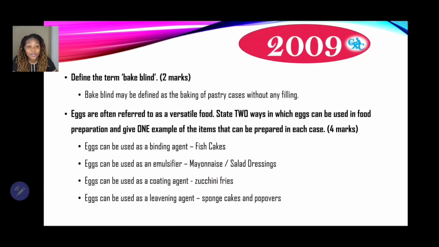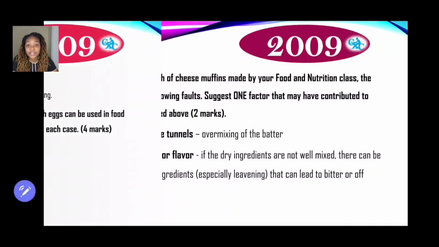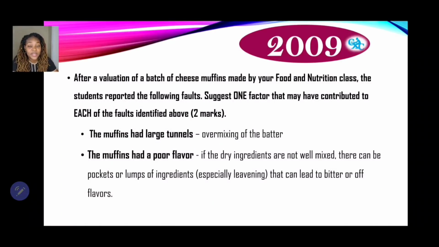And when we speak of leavening agent, we may say the raising agent, right? So for example, it may be sponge cakes where the eggs are whipped so that air will be introduced and trapped, so those air bubbles will allow the product to rise. So example may include sponge cakes or popovers.